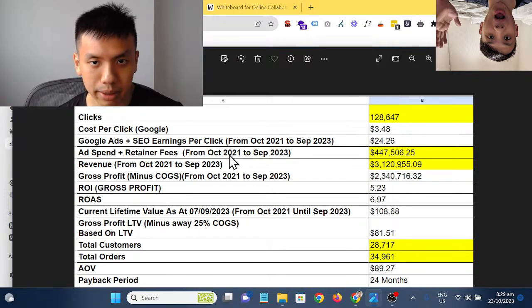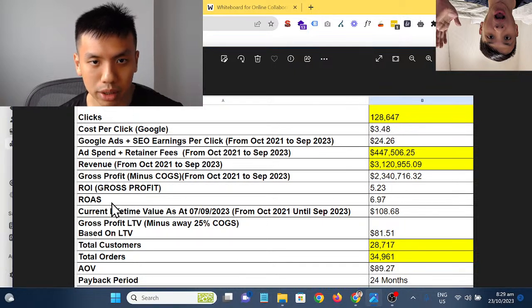And then the total ad spend plus retainer fees from this 24 months period was about 447K, and the revenue that was being generated was this amount. And then we even took into account, if we minus the cost of goods sold across this period, it's about 2.3 M.